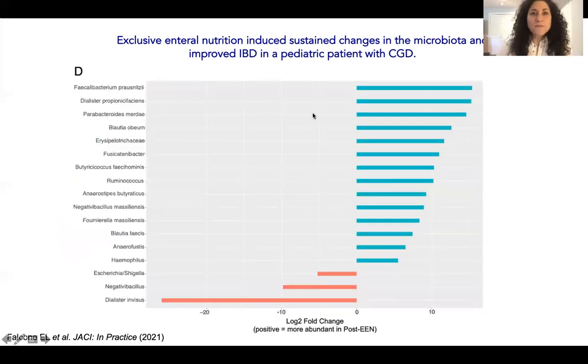We then had a look at the exact microbial taxa that were differentially represented between the samples from the patient post-elemental diet and in comparison with samples from patients with CGD-IBD. And now we see that with the elemental diet, the patient has enrichment for Faecalibacterium prausnitzii, Dialister propionifaciens, and Parabacteroides merdae and Blautia, to name a few, all of which are bacterial taxa that have been associated with intestinal health.